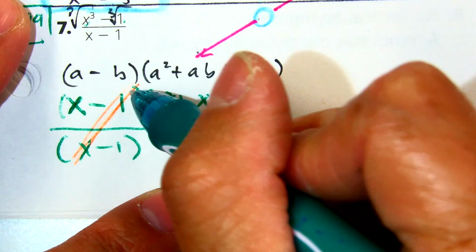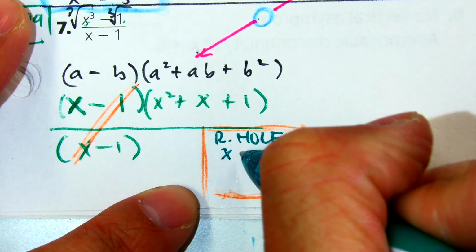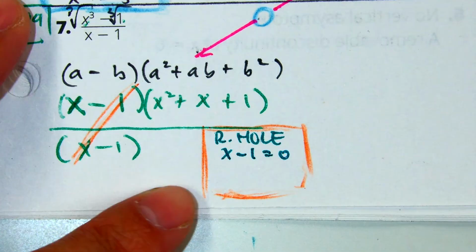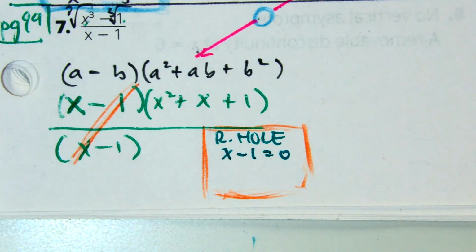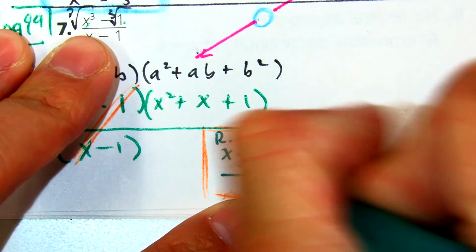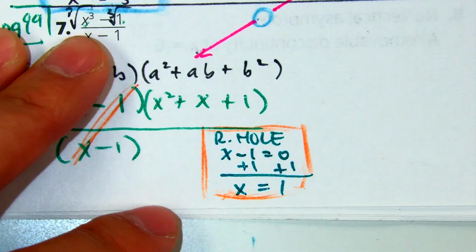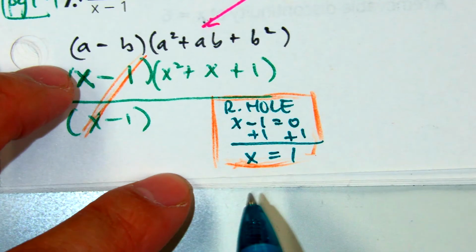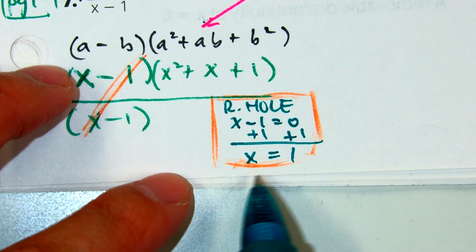Yeah, what you cancel, you're setting it equal to 0. Isaac, how do you solve that? Correct, and you get what? There's going to be a removable hole or a discontinuity at x equals 1.